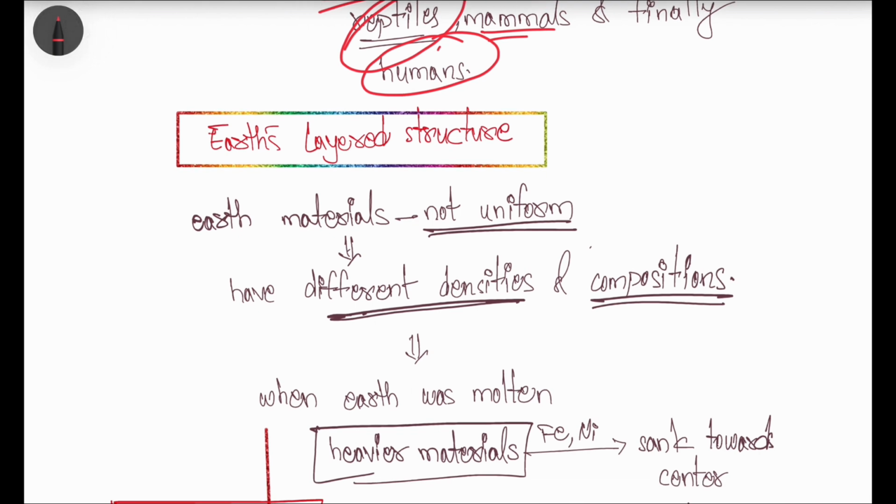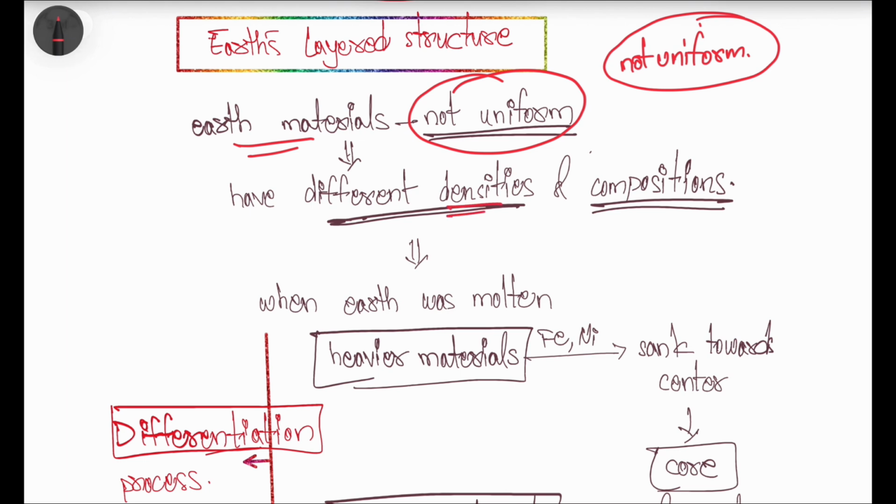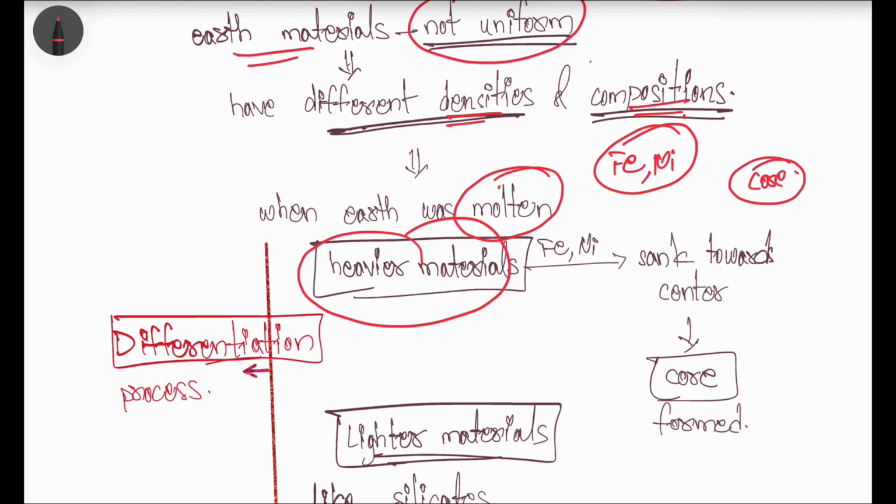The materials present inside the Earth are not uniform in nature. That means they have different densities and compositions. When the Earth was molten in nature, heavier elements like iron and nickel settled. Presently, when we see the core region of the Earth, we can see the presence of iron and nickel.